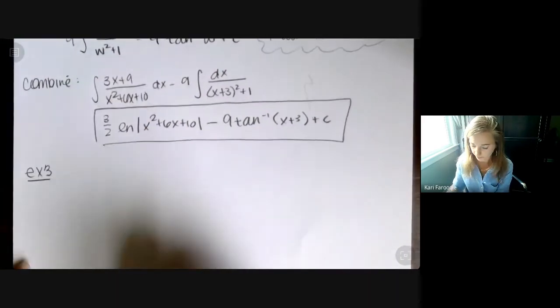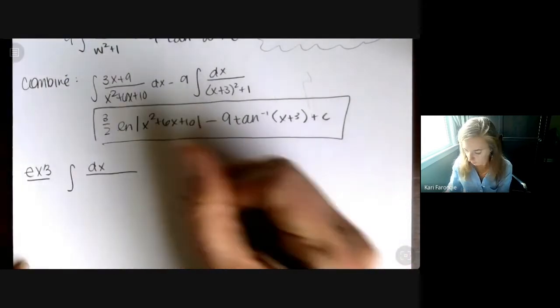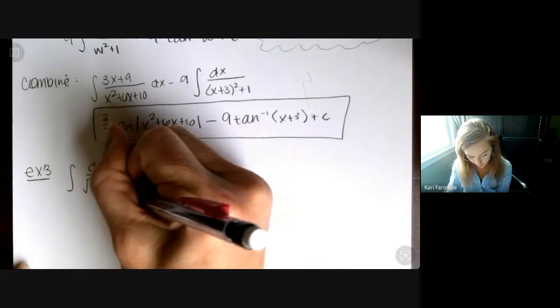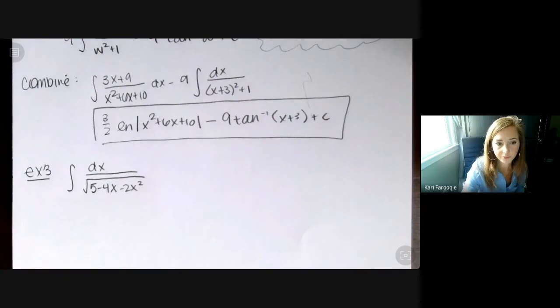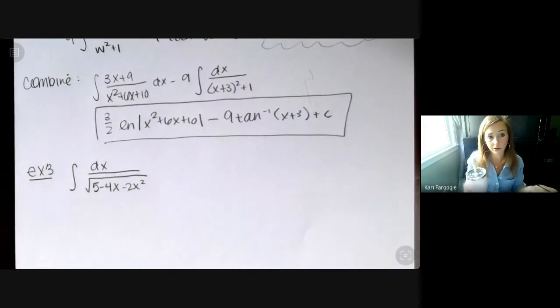Example 3. This is the integral of dx divided by the square root of 5 minus 4x minus 2x squared. This one's a little trickier because you don't just have x squared, you have 2x squared.